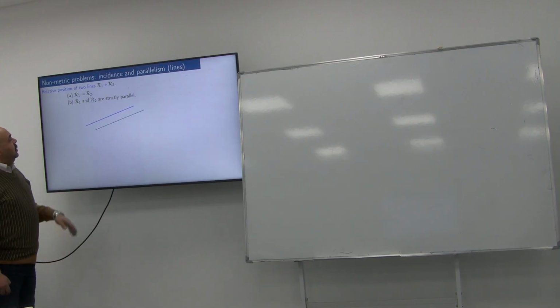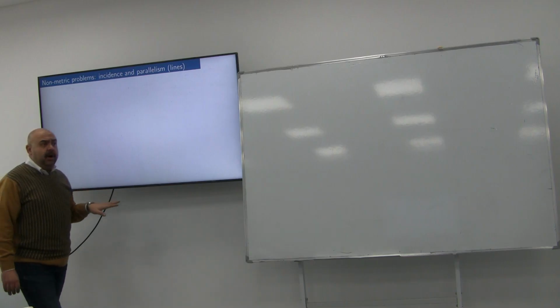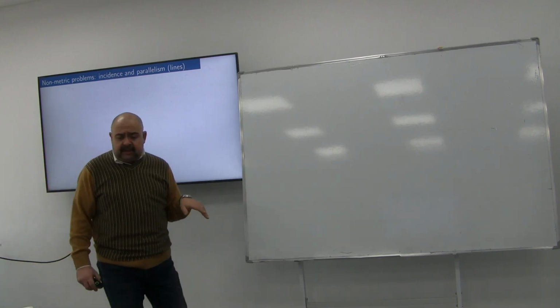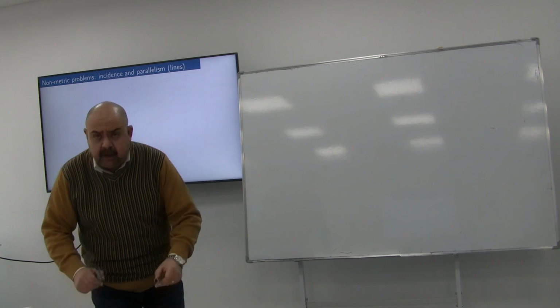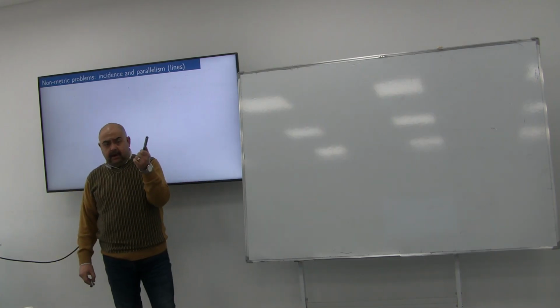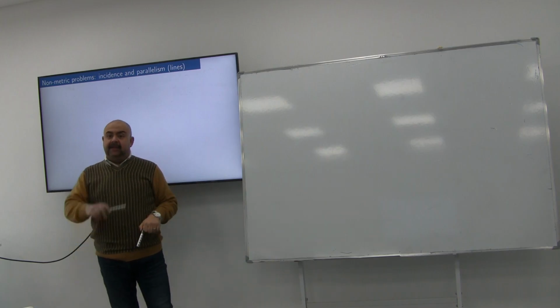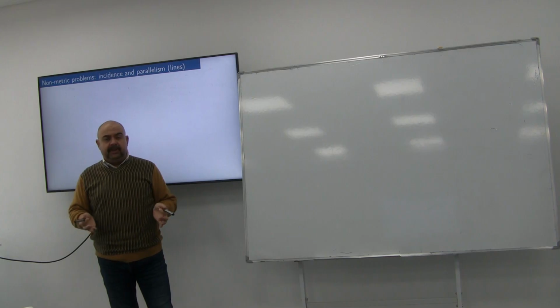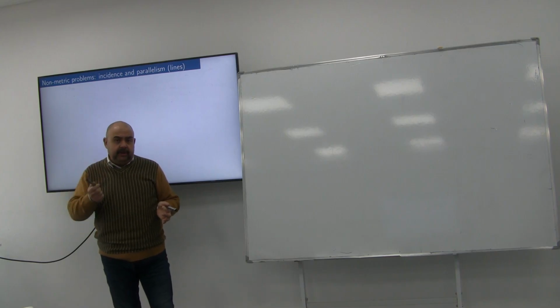Okay, lines in space, there are a lot of cases expressing the relation between lines in space. So if I have R1, that's a straight line, completely defined, so I know a point and the vector. And this is line 2, which is also completely defined, so I know its direction vector and the point.